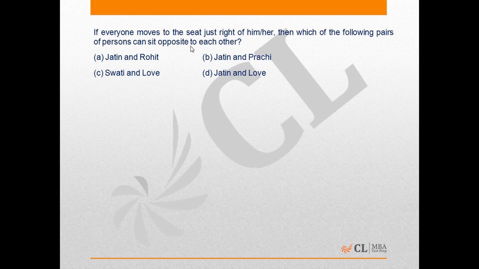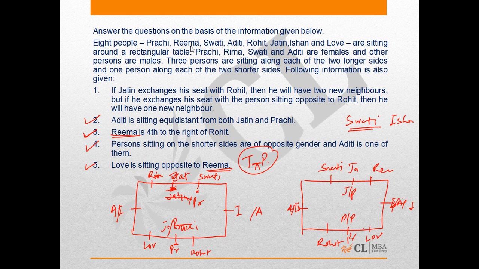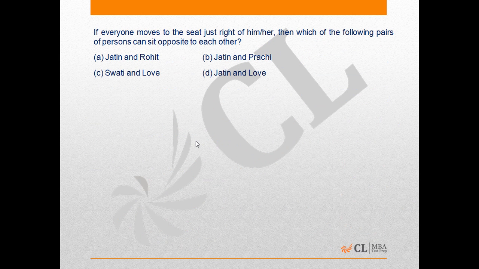From the given arrangement it can be seen that when every person shifts to the place right to him or her, in that case Swati and Love will be opposite to each other. Therefore option C is the correct answer.